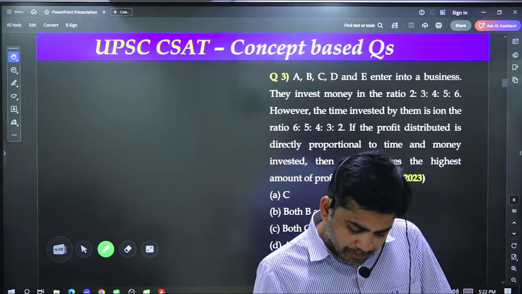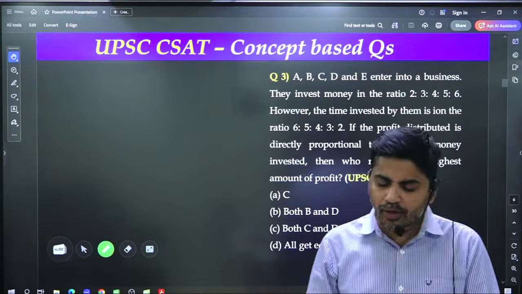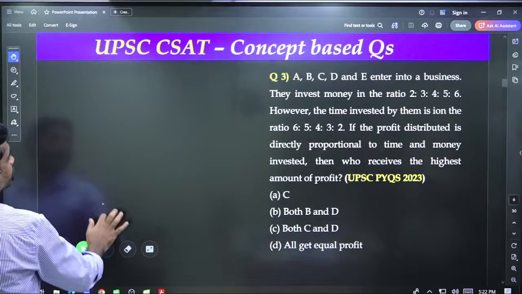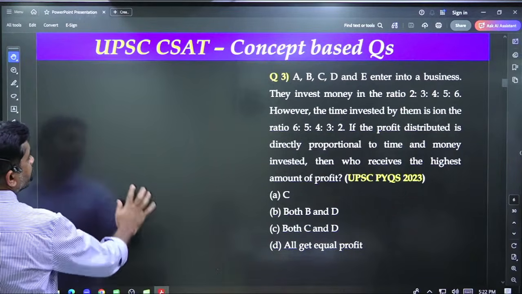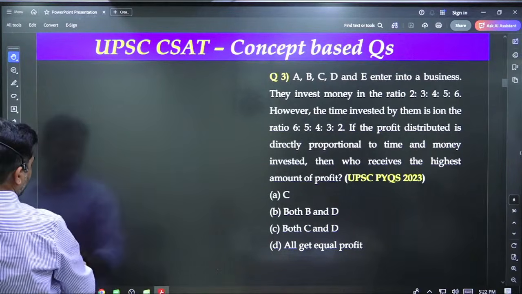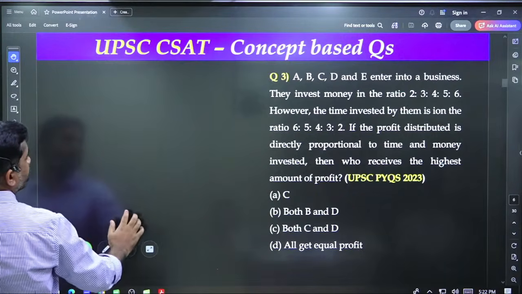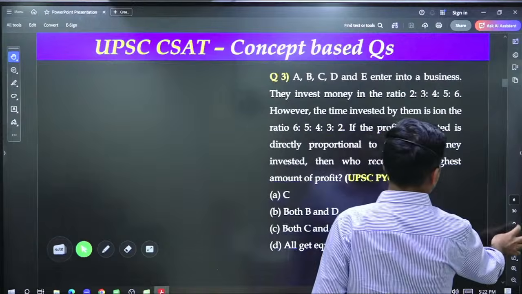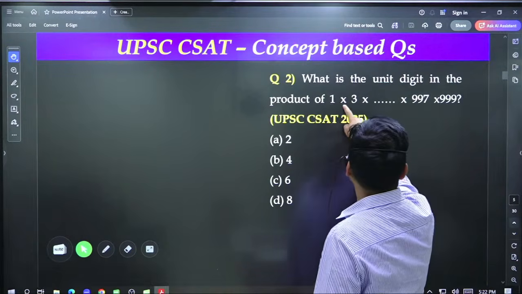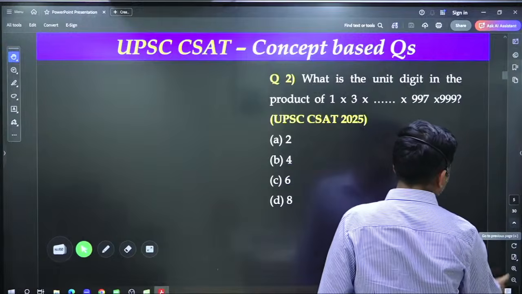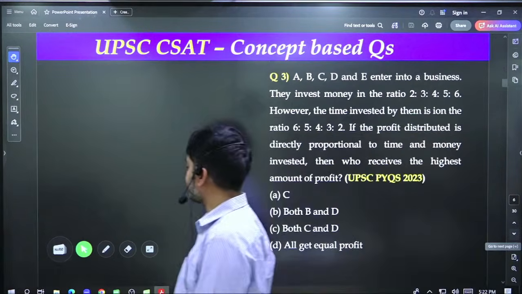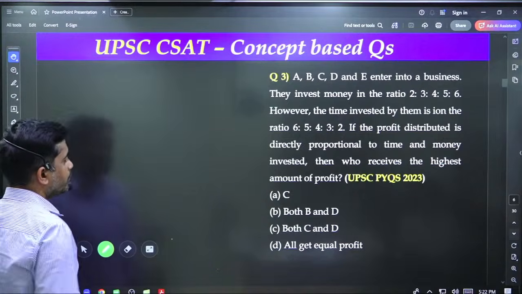Okay. No, every number is an odd number. In this, every number is an odd number. That's why 5 into odd. Chalo.